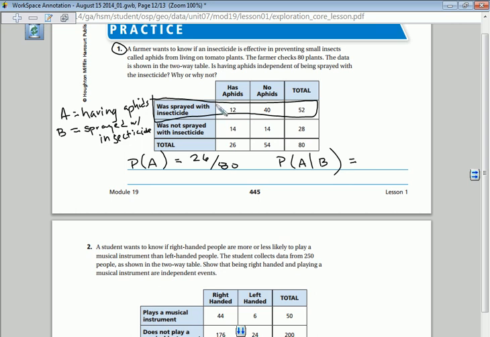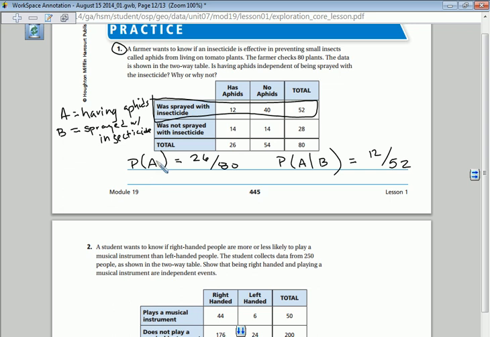So, having aphids given insecticide, 12 out of 52. Are those equivalent? No. So, what kind of events are these? Well, actually, they are not independent, so there's some dependence there.